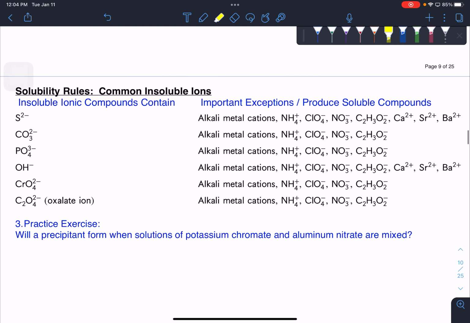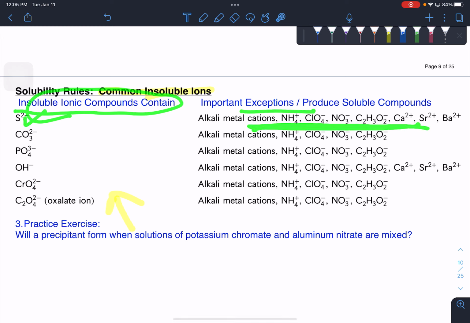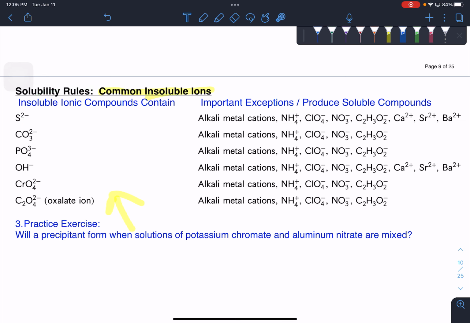And then the other one is dealing with common insoluble ions. And again, it's the left side of the table that you're looking at. It's almost like you're reading a statement: insoluble ionic compounds contain sulfate except for when they form salts with these guys. That's kind of the gist for these tables.